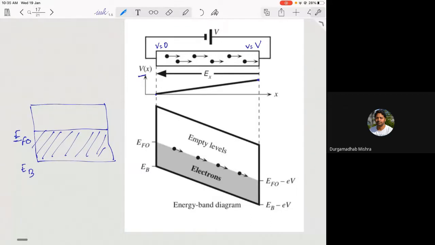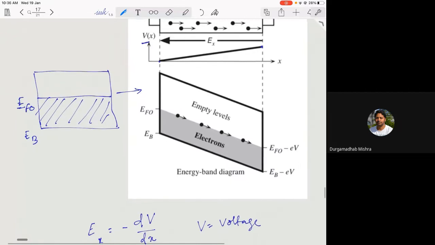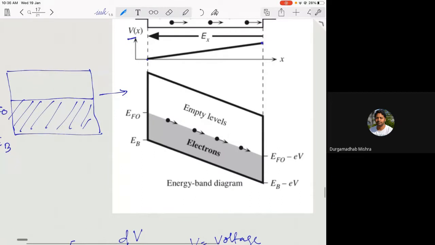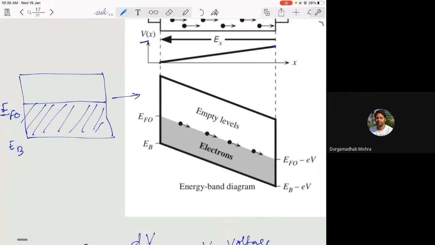Now when you apply an electric field E, what happens? You are providing extra potential energy to these electrons, and in terms of the band, there will be a bending of the band. Depending on how much voltage you have applied, the bands will bend. Since on the left side the potential energy is 0, the Fermi level will remain where it is like before.